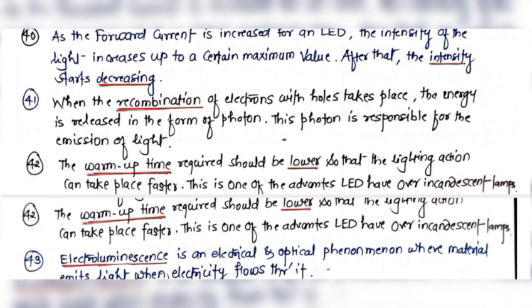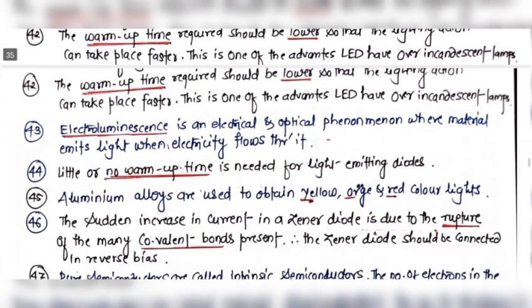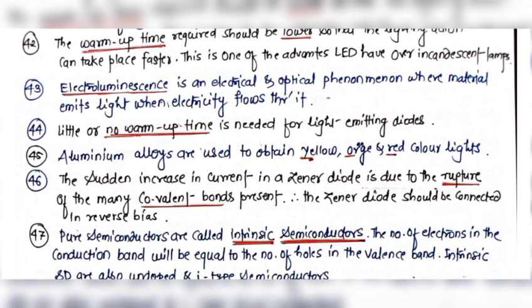When the recombination of electrons with holes takes place, the energy is released in the form of a photon. This photon is responsible for the emission of light. The warm-up time required should be lower so that the lighting action can take place faster.